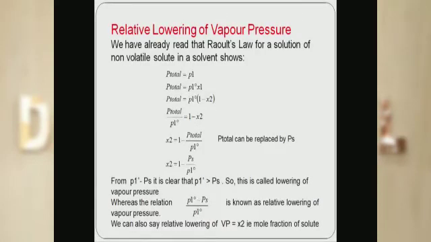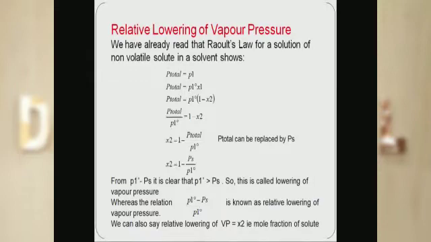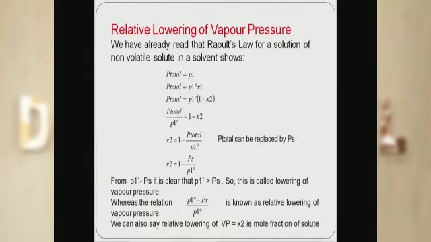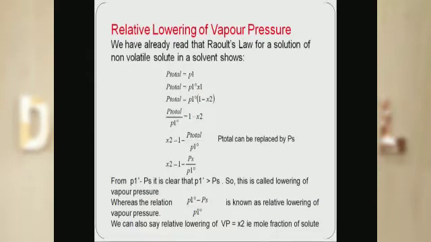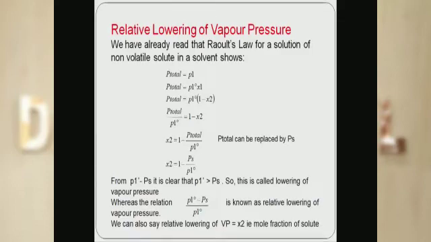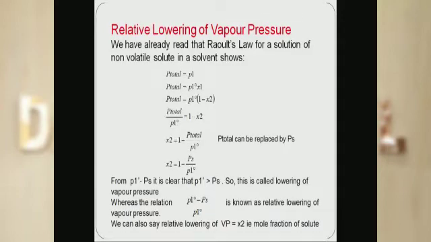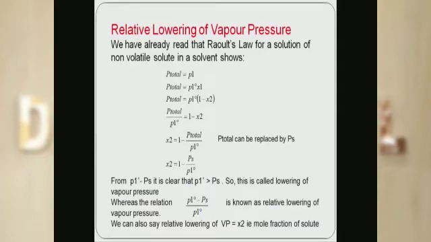So this is called lowering of vapor pressure, whereas the relation (P1 naught minus PS) upon P1 naught is called relative lowering of vapor pressure. So we can also say that relative lowering of vapor pressure is equal to X2, that is the mole fraction of solute.